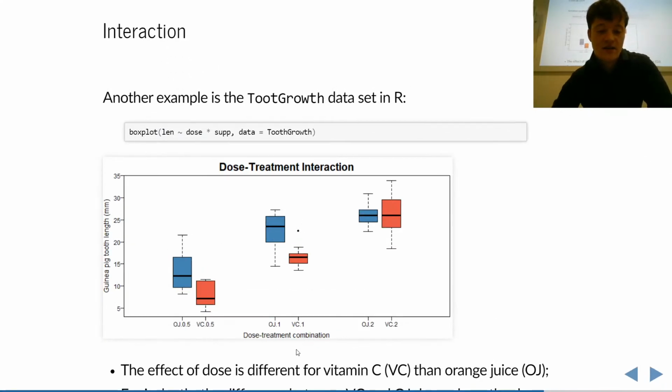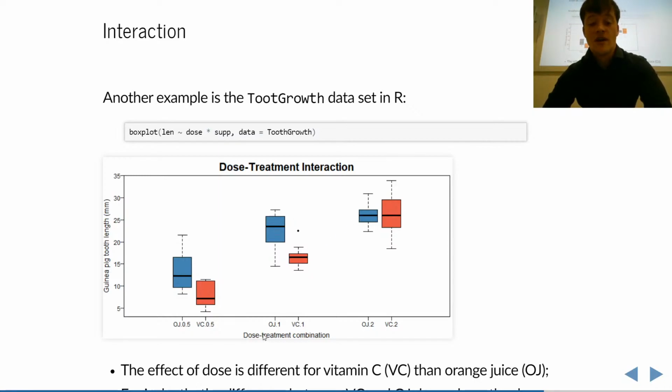Now, what's going on here? We can see that there is a certain difference in the effectiveness of vitamin C powder and orange juice. It kind of makes sense because orange juice has other stabilizing elements, or substances, in it. But if I increase the dosage, you can see that the difference between orange juice and vitamin C diminishes.